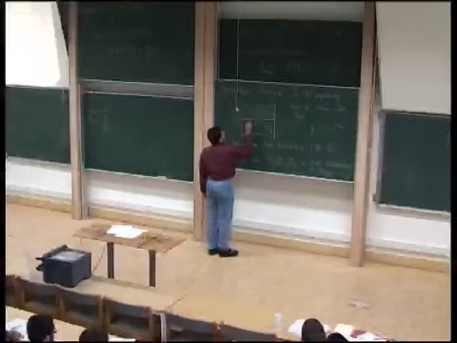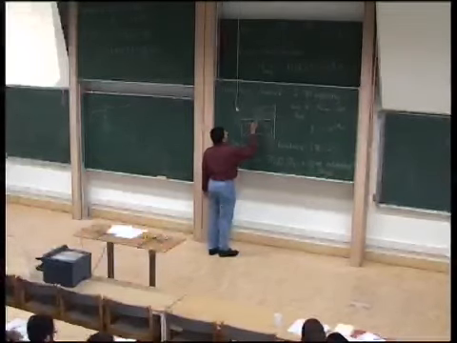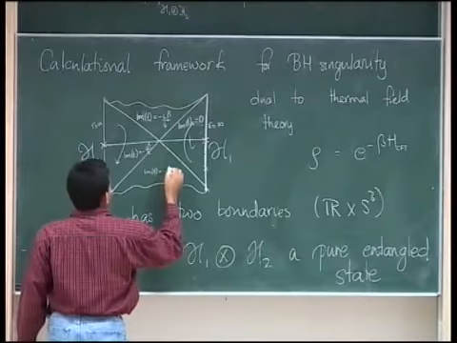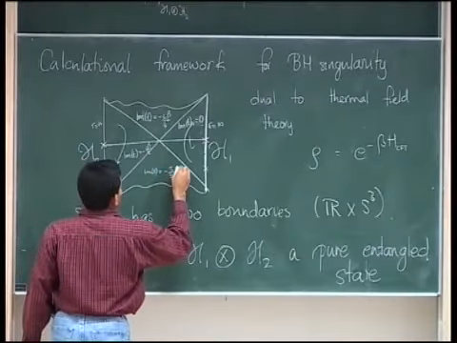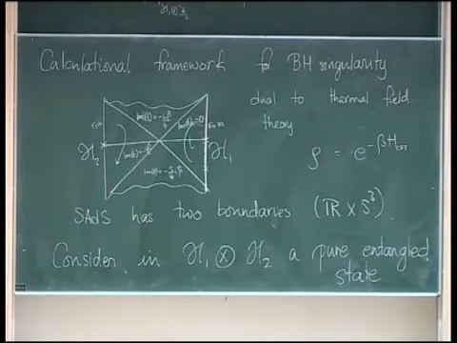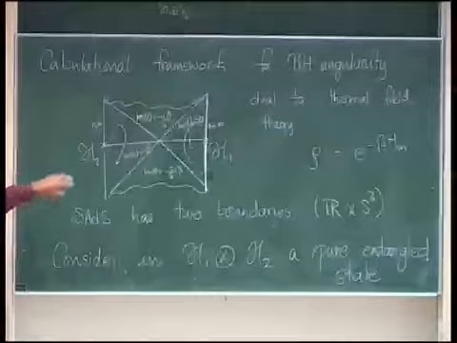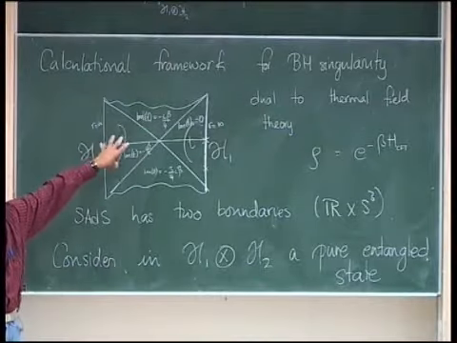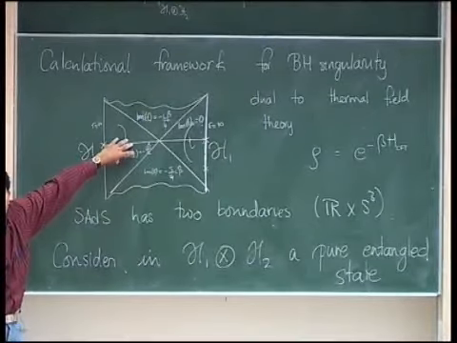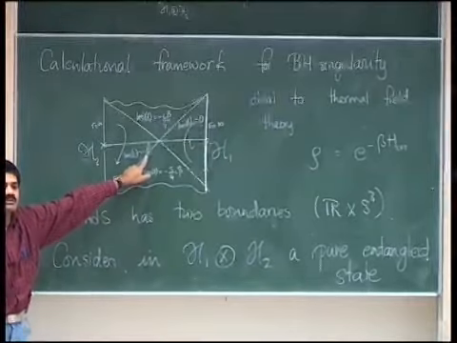And here you can check if I get my conventions right, that in the part of the Lorentzian geometry associated with Hilbert space 2, the imaginary part of t is precisely minus i beta over 2.